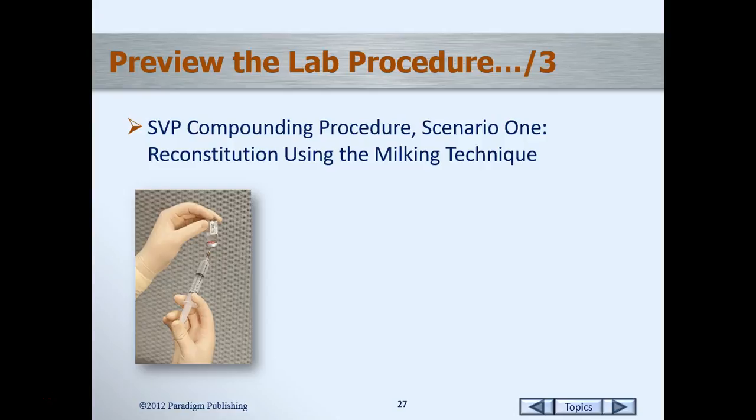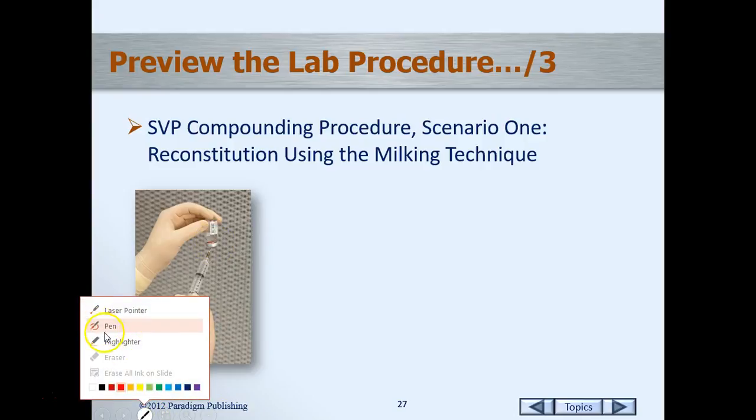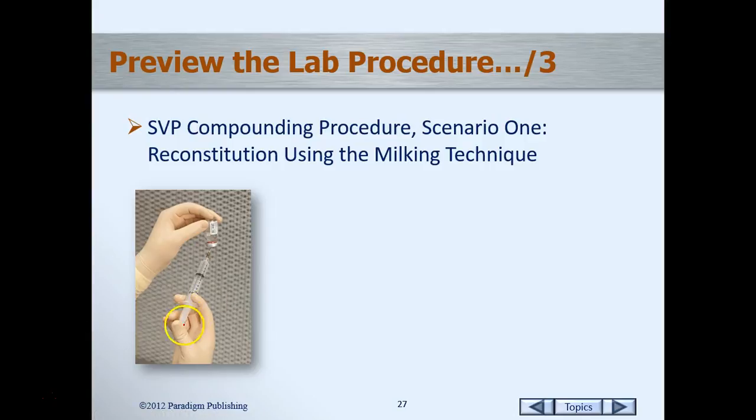First off, we're going to withdraw the contents. Now, I would like you to pay special note to how this person is holding. This is incorrect. They're holding it from behind. We don't want to do that.